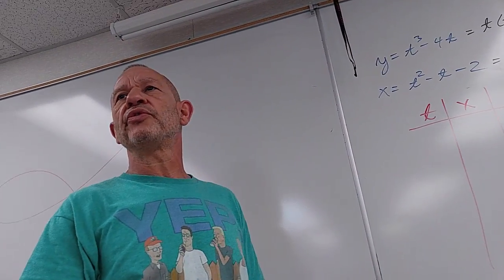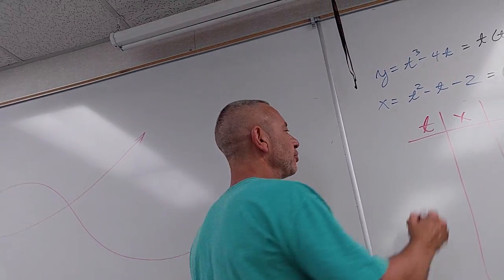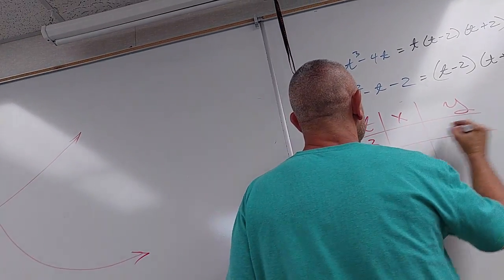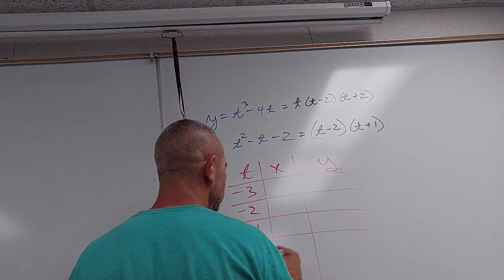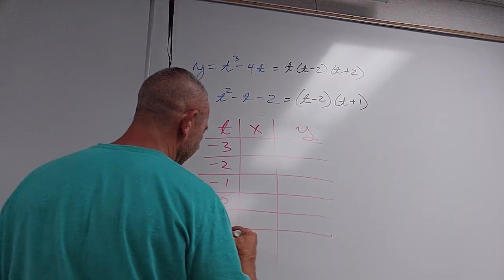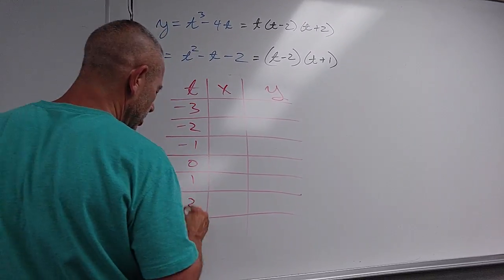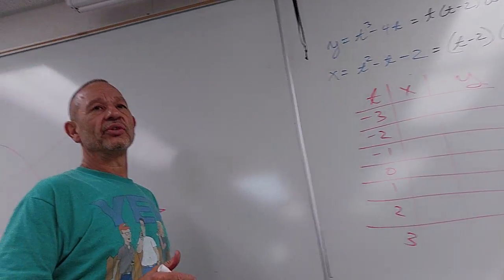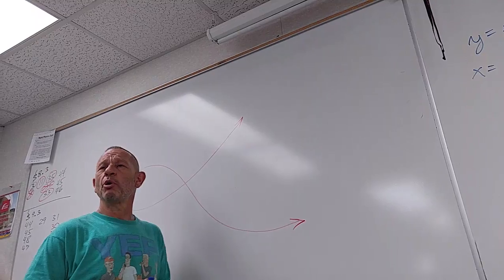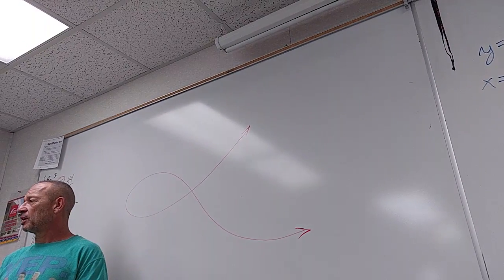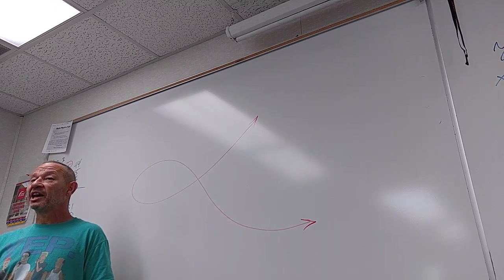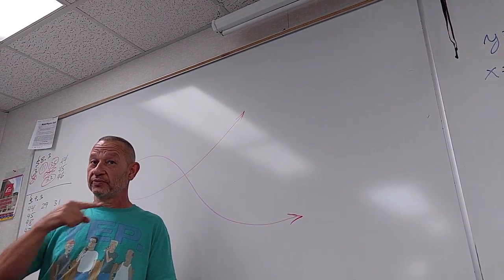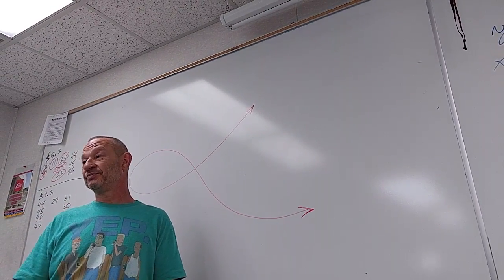Negative 2 is the first t of interest, so I'll try negative 3, and then I'll pick all of the convenient values of t until I get one past the last t of interest. This is hopefully what you did back in college algebra. Then you found the x's and y's, you connected the dots in order of t, and you were done.